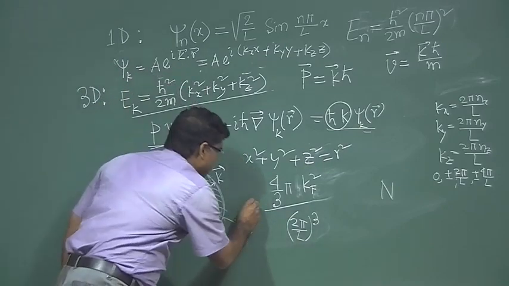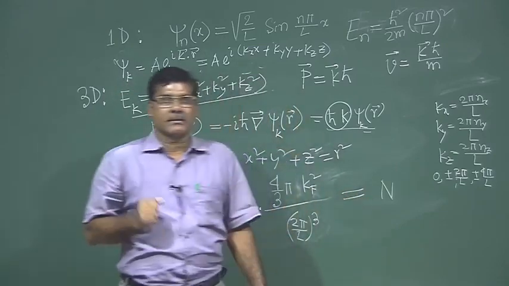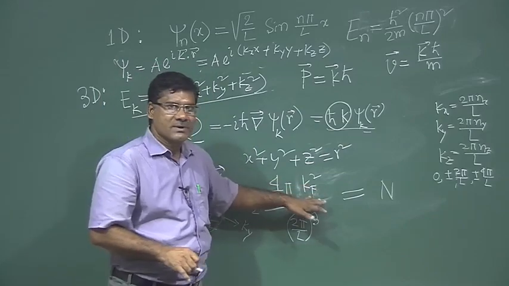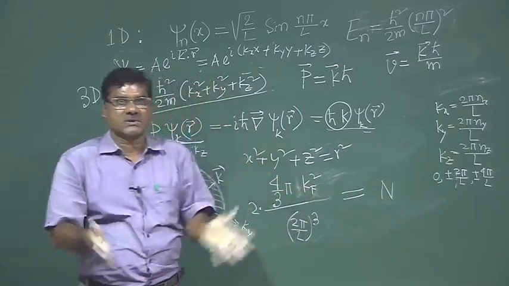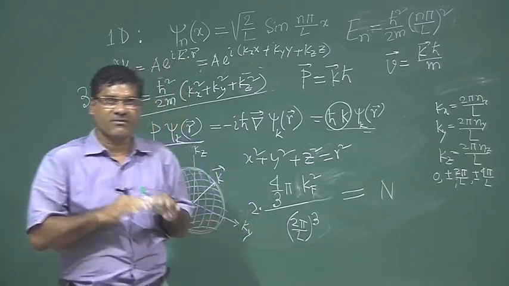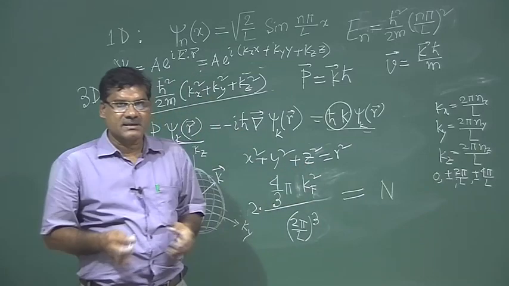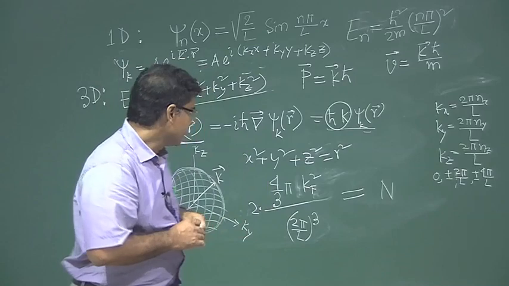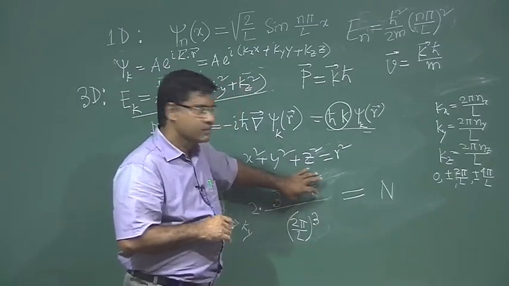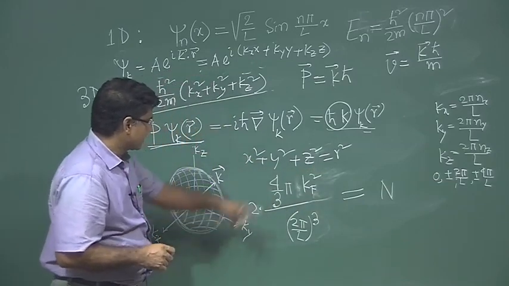So, I will multiply with 2, and this will be equal to n, the total number of electrons. Here kf is the outermost filled orbital, and the energy of that orbital is called the Fermi energy, and this is the Fermi wave vector. From here you can find out the value of kf.